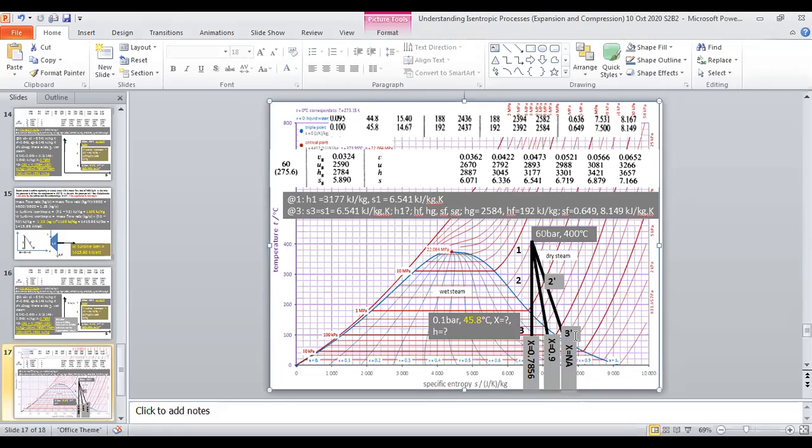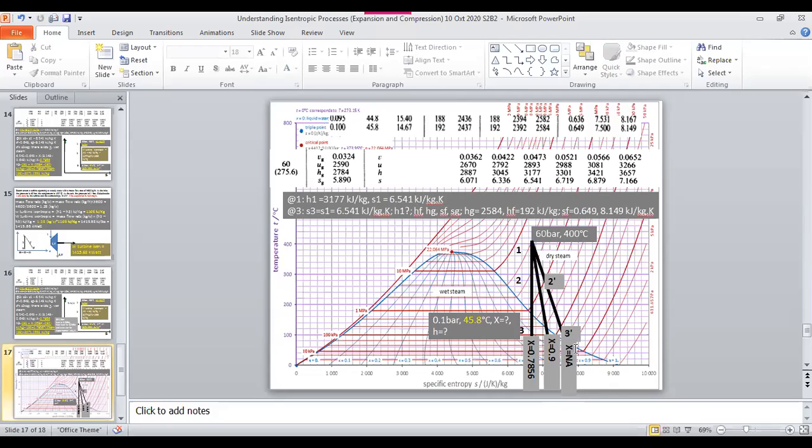So here, what happens is the pressure drops to a certain level, but still you have a certain superheat. So that is how the situation is. Then what will be the enthalpy levels?